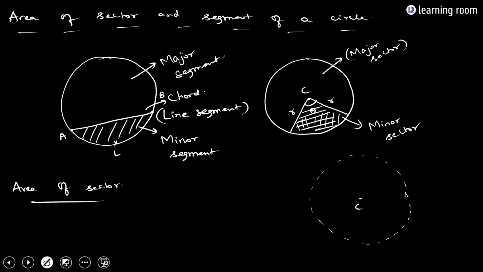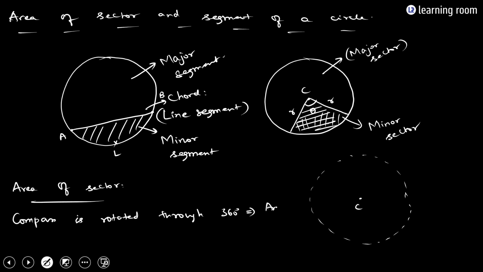So if you take a circle, when you keep the compass and rotate the compass through 360 degrees, what is the area it is able to cover?